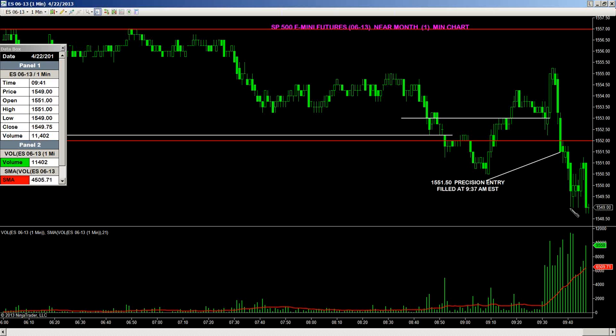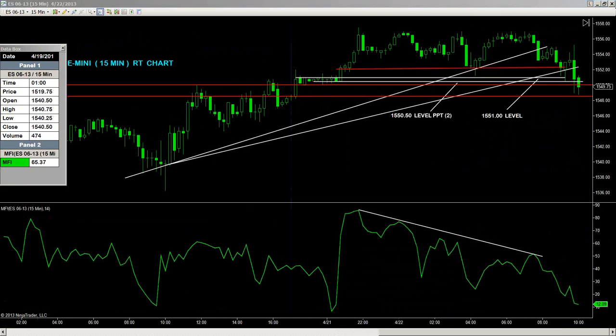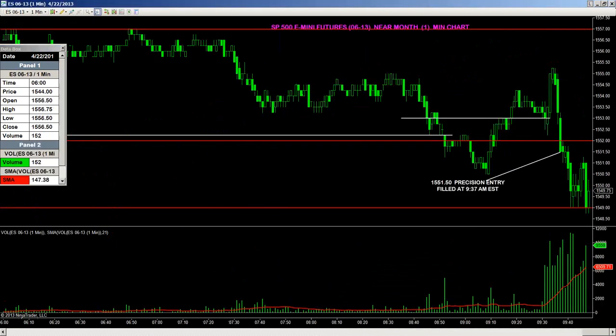Still trading down. Fifteen-minute charts are still in our favor.